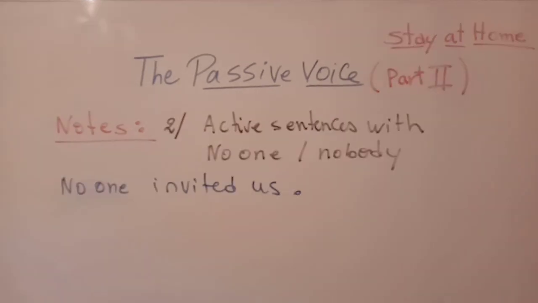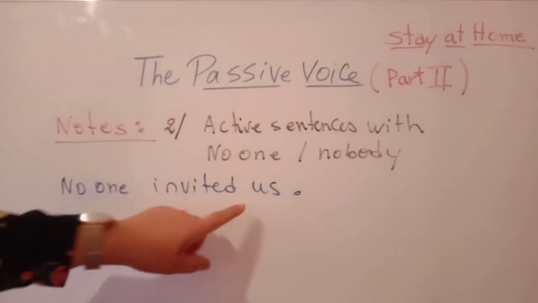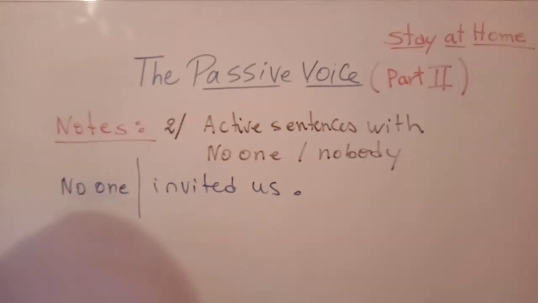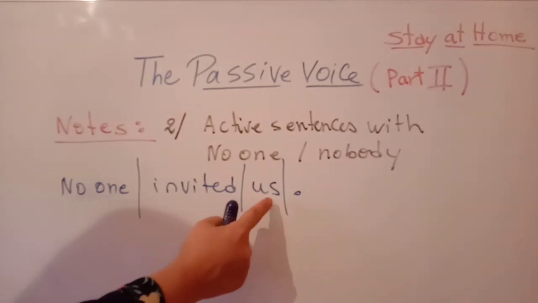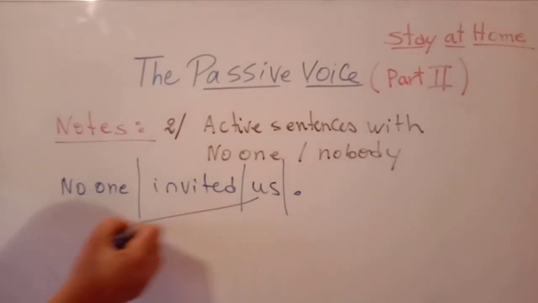Good. The second note concerns active sentences with no one and nobody. So when you have no one and nobody in the active sentence, you have to keep the negation in the passive sentence. Okay, for example, no one invited us. No one subject, invited the verb, us is the object pronoun. So us becomes we.